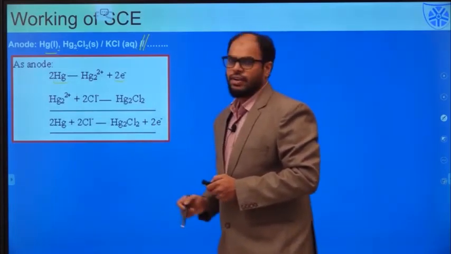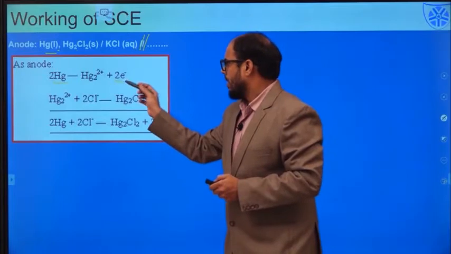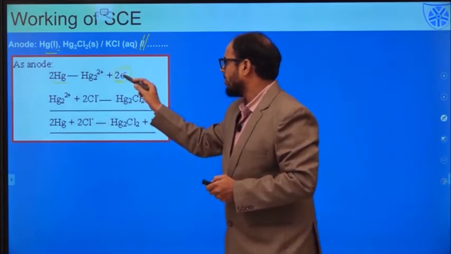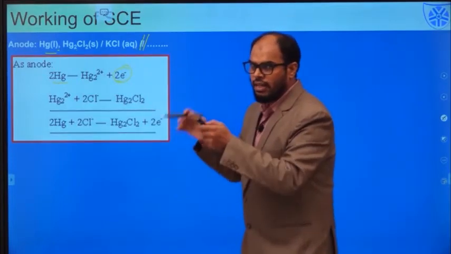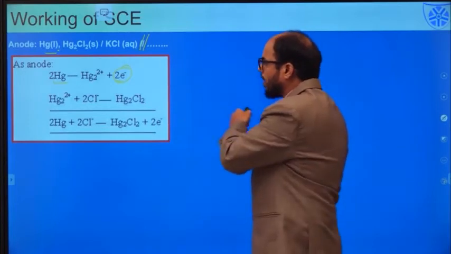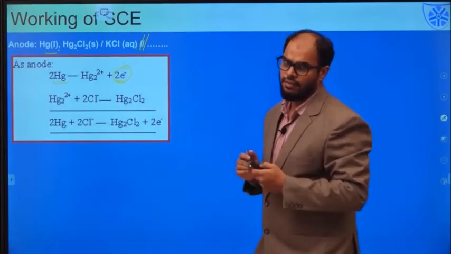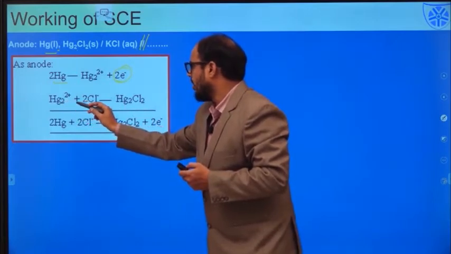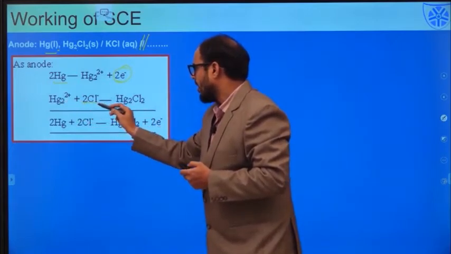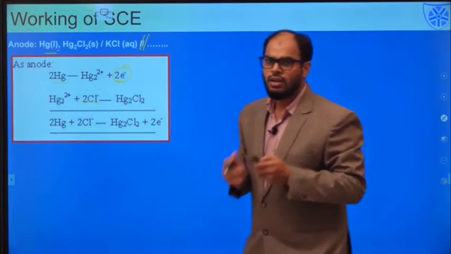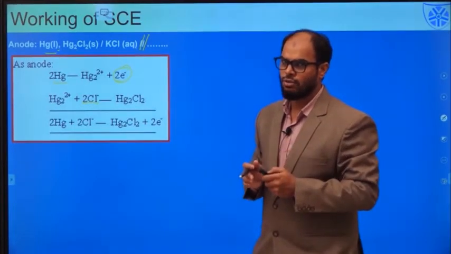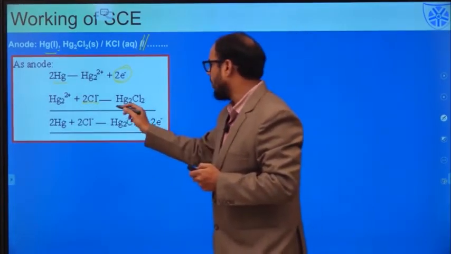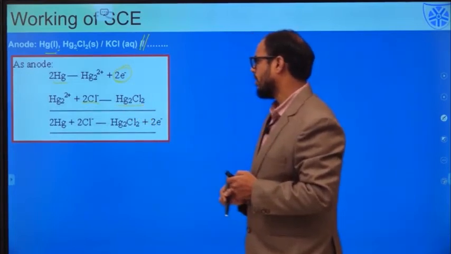Since it is an oxidation reaction, the 2 electrons lost from the anodic compartment are taken up in the cathodic compartment by the other half cell. The Hg2 2+ ions produced react with the Cl minus ions from the potassium chloride electrolyte to form Hg2Cl2.